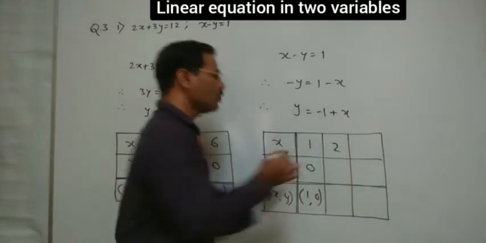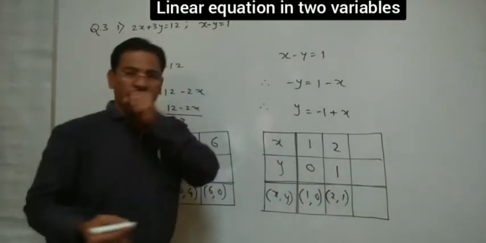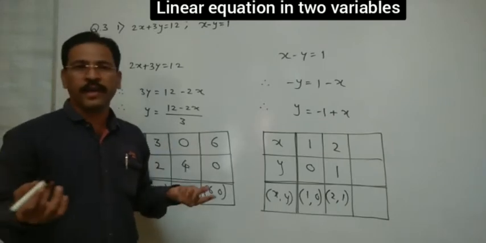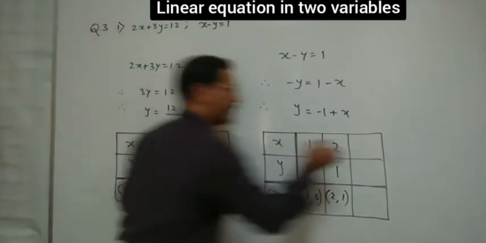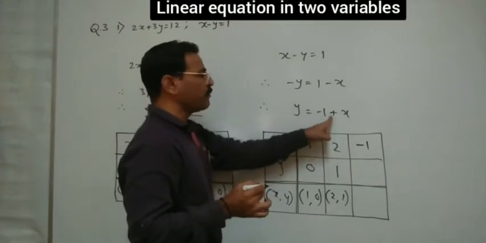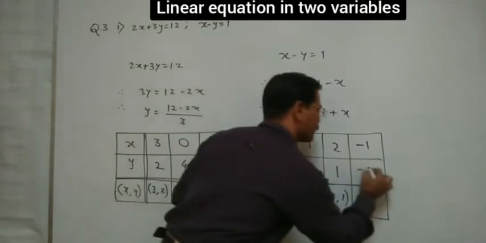Minus 1 plus 2 is 1. One more point, I'll put a negative number, minus 1. Minus 1 minus 1 is minus 2.